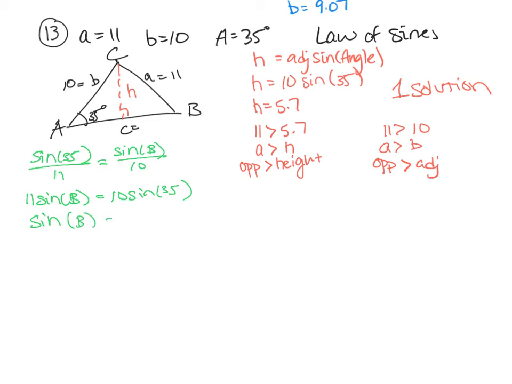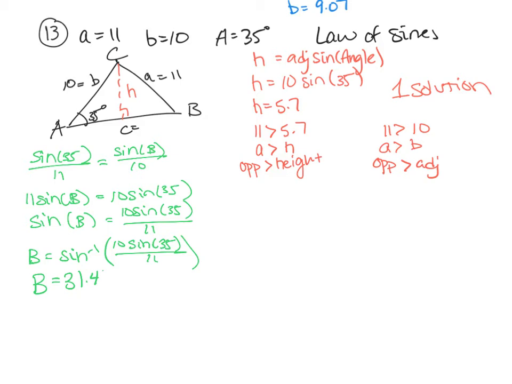And then to get B by itself, you have to use sine inverse on both sides. So you get sine inverse of 10 times sine of 35 over 11. And when you plug that into the calculator, you get 31.4 degrees.